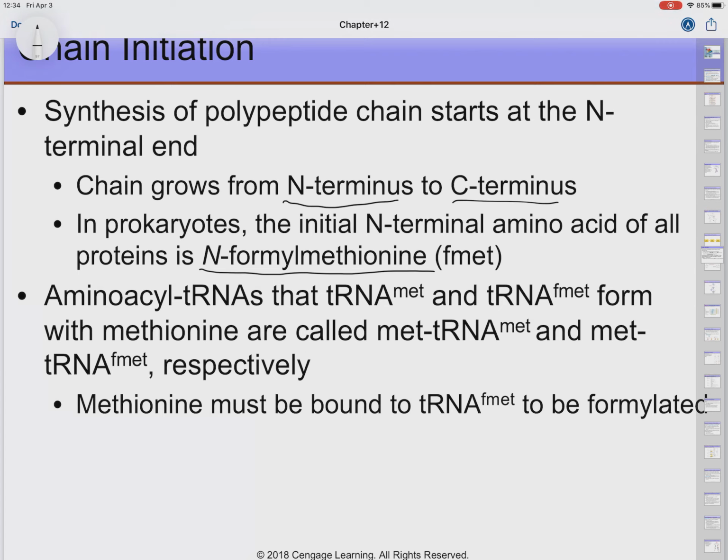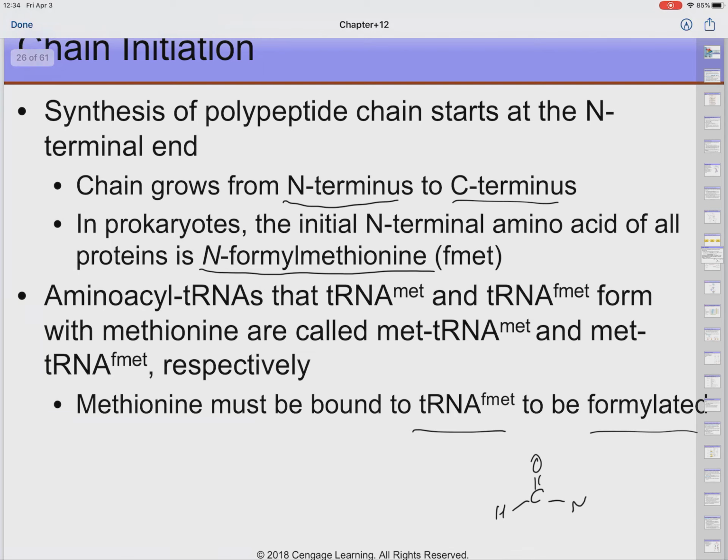Now N-formyl methionine is made from methionine. It does have its own tRNA, but the methionine that's bound to the fMet tRNA gets formylated, so it gets this group added to the nitrogen side.